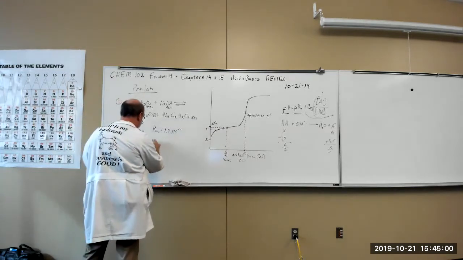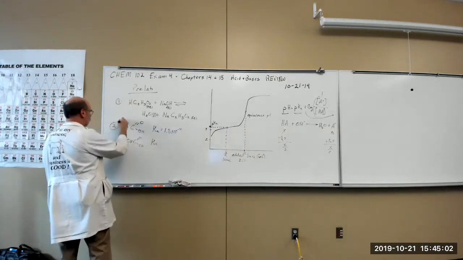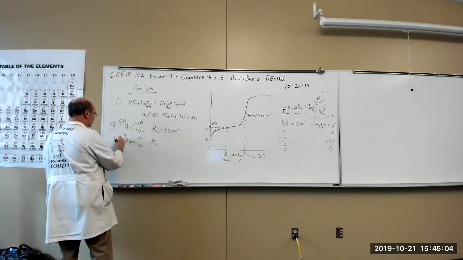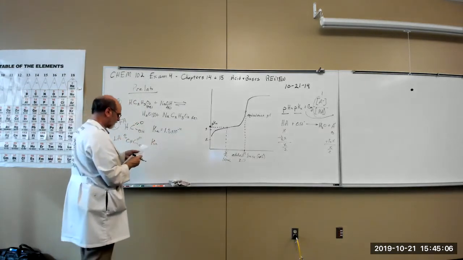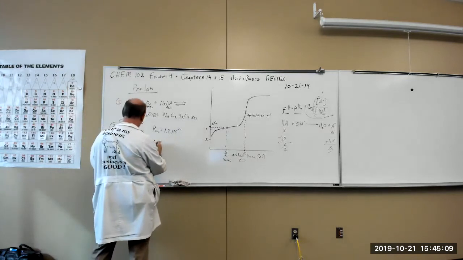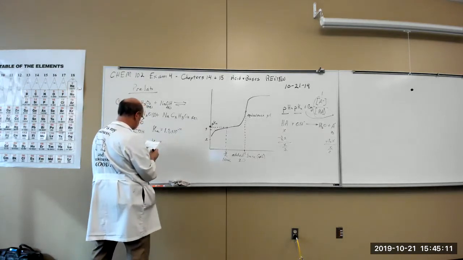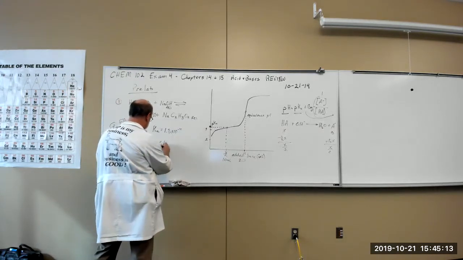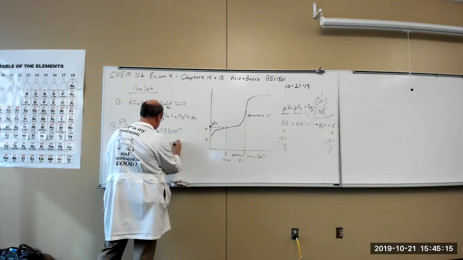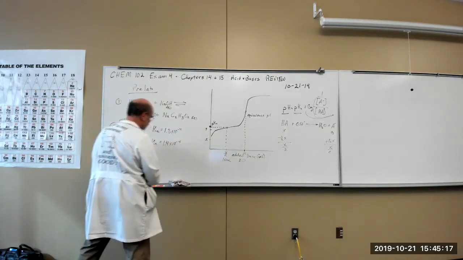But the Ka for lactic acid, let's see, this is formic acid, this is lactic acid. There we go, that makes it easier. The Ka for lactic acid is 1.4 times 10 to the minus 4. So they're pretty close.